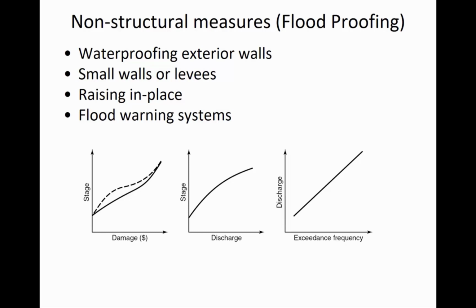All of these non-structural measures aren't changing the watershed or the channel, which is what we think of as the structural side of things. The non-structural measures are affecting the damage-stage relationship. You'd have to have an even greater depth of water to get the same amount of damage that you had before.